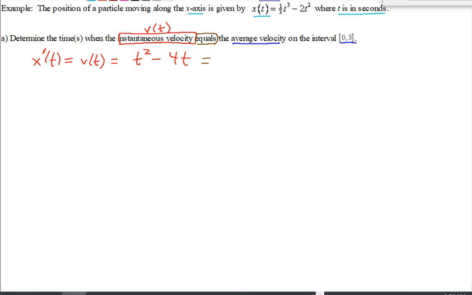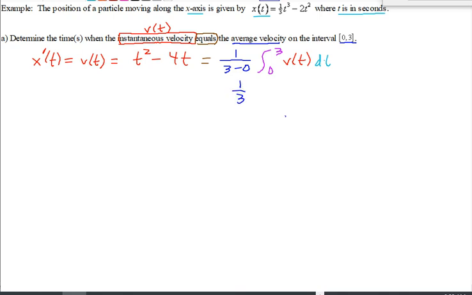So we have to find the average velocity of that interval, so that'd be 1 over 3 minus 0, the integral from 0 to 3. What we're finding the average of is velocity. So let's calculate what this is first, and then we'll be able to solve it. So we got 1/3.